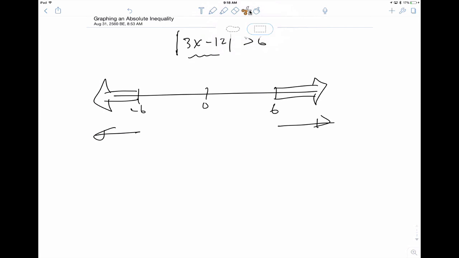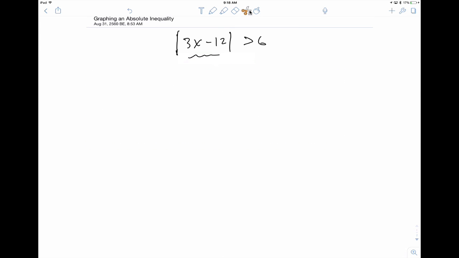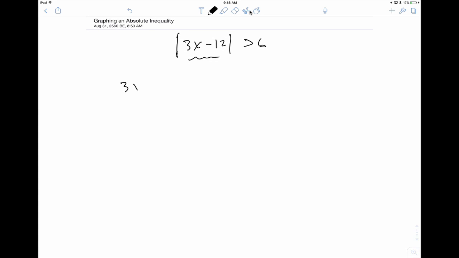So let's solve for x. I'll delete that. All right. Then 3x minus 12 is going to be greater than 6. Also, though, 3x minus 12 should be all the numbers that are less than minus 6, and that is the way that we're supposed to do it. So let's solve for x with both of them.